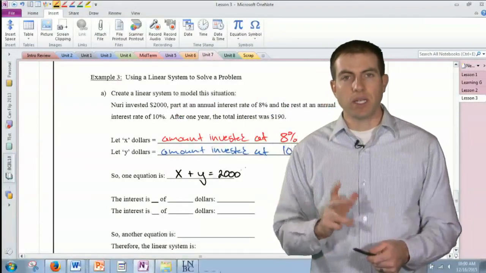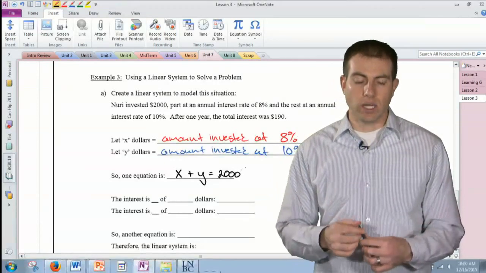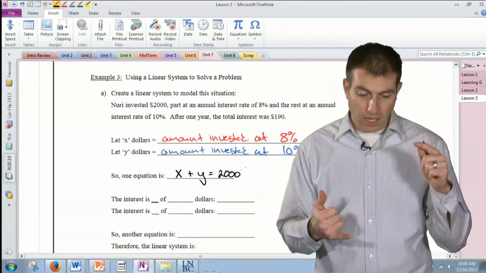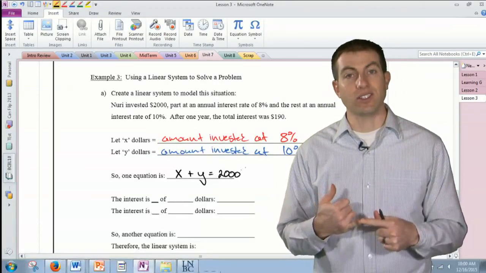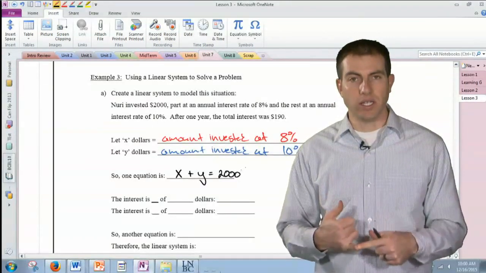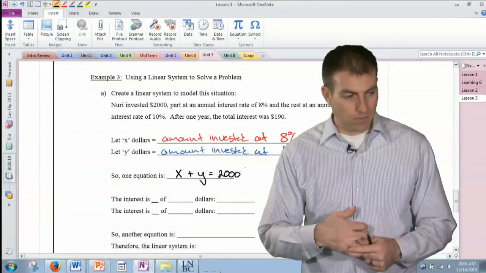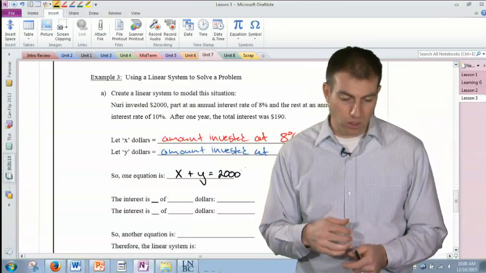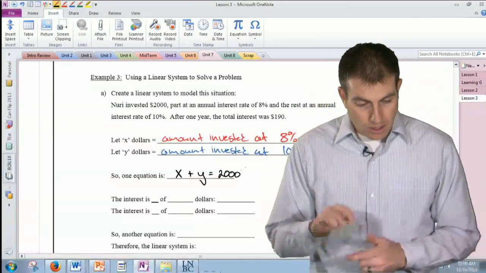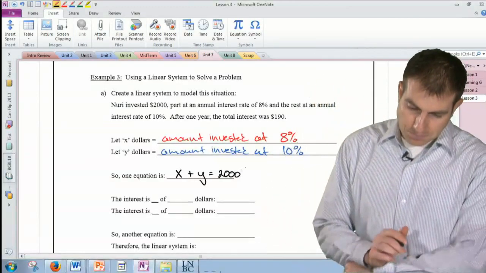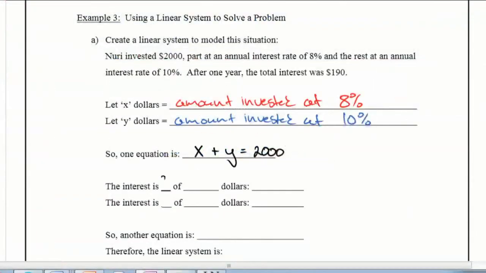The second piece of information we're given in the question is we know that we made $190 in interest in 1 year. So if we can take that and work with it, the interest is 8% of x, which is 0.08 times x.